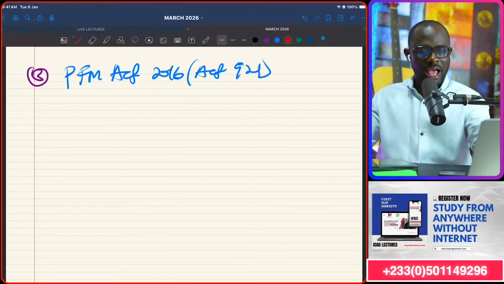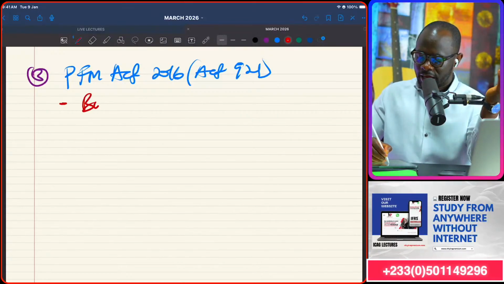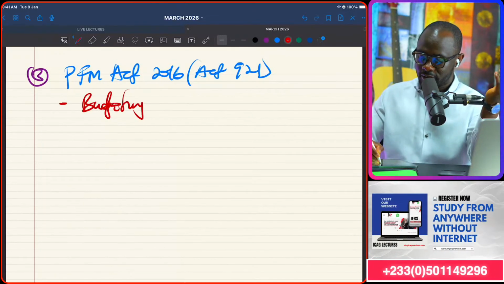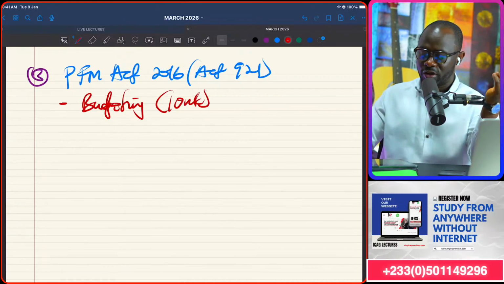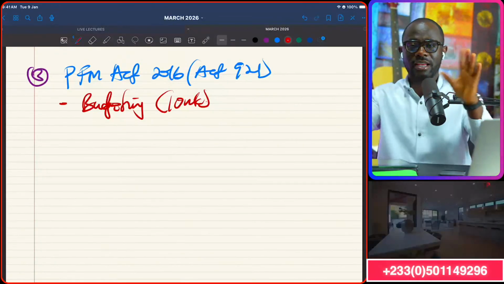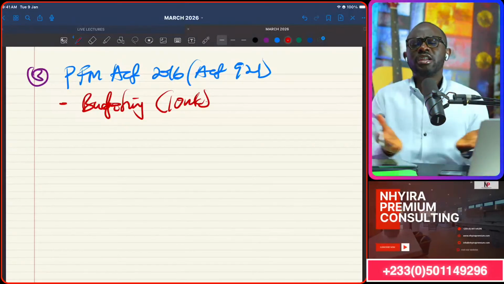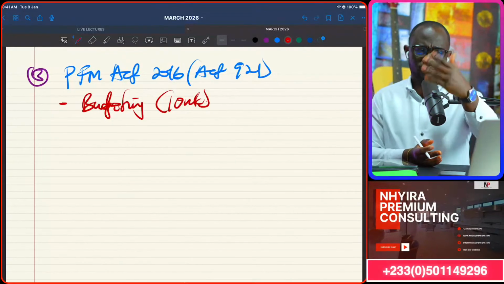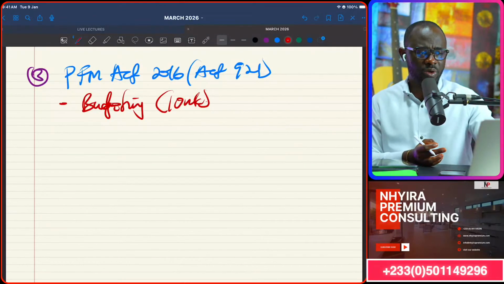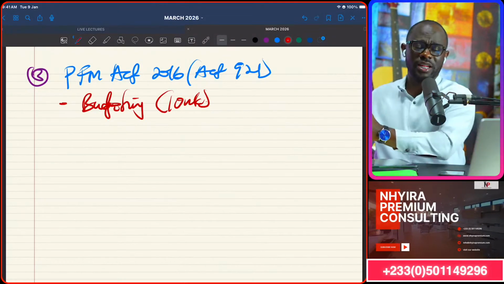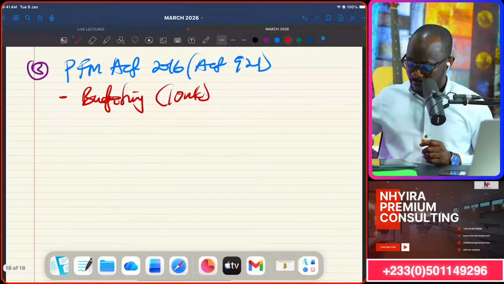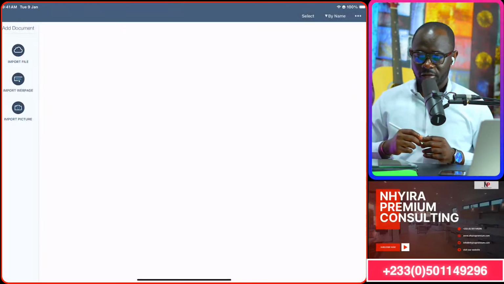Because in this act, you are going to see a key topic about budgeting, which is 10 marks coming to you in the exam hall, the procedures, the stages of budgeting. You're also going to be learning about the role of key public officers. Those of you in the public sector class, we have discussed that. We started with that yesterday, if you remember, the role of key public officers.